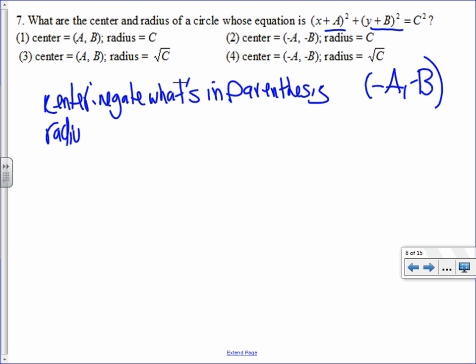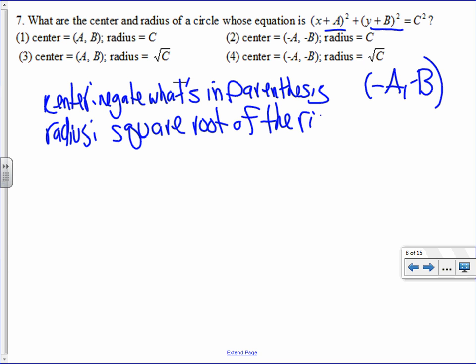Radius, square root of the right hand side. Square root of c squared is c. -a, -b, radius c.